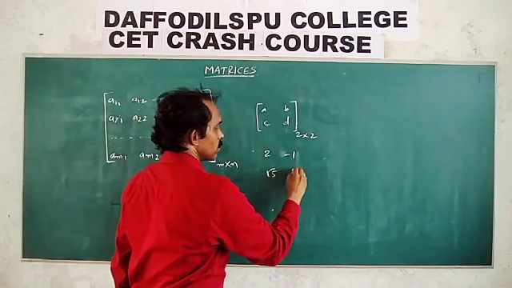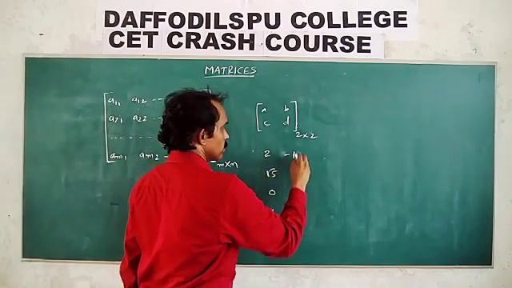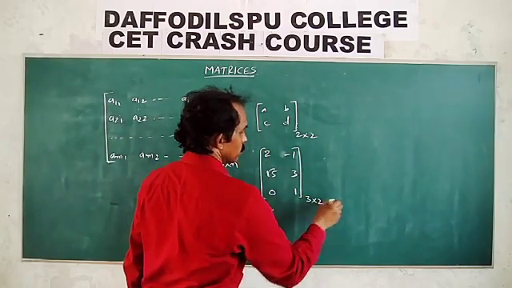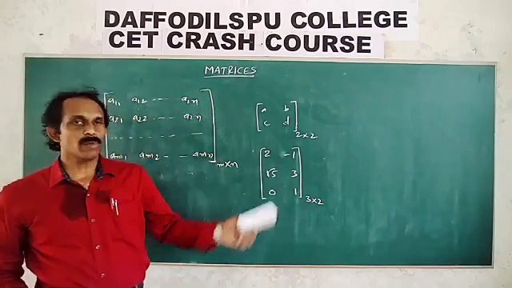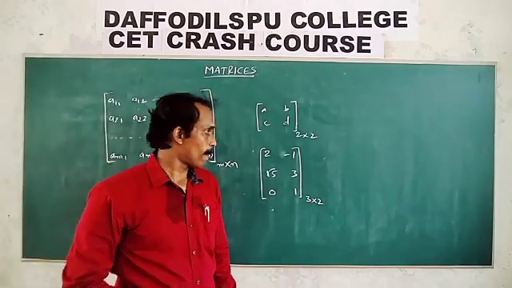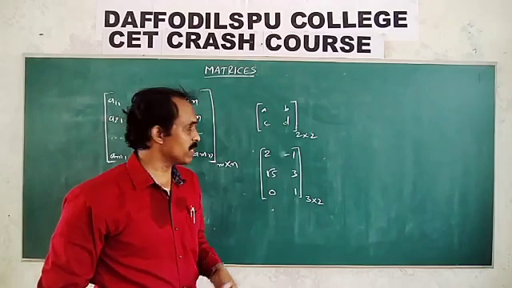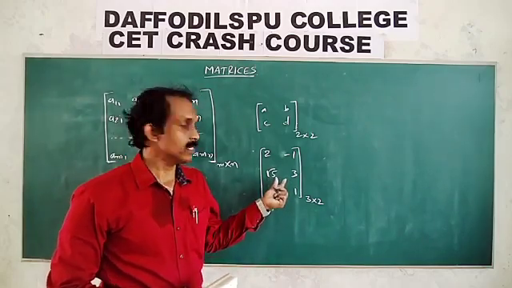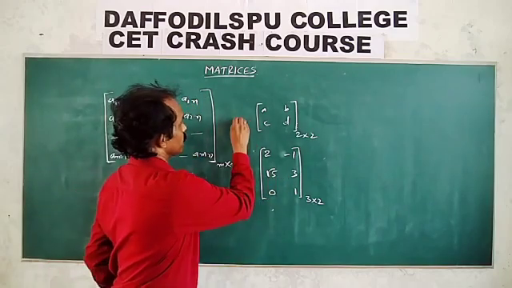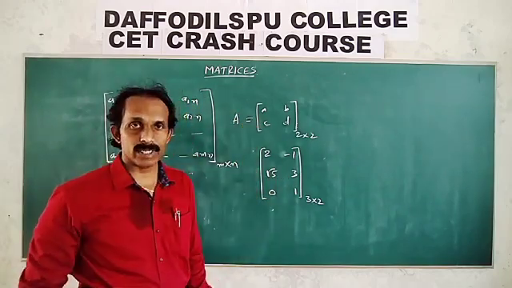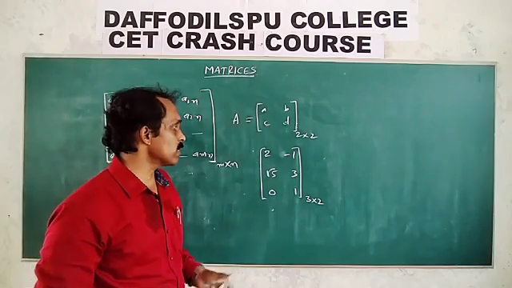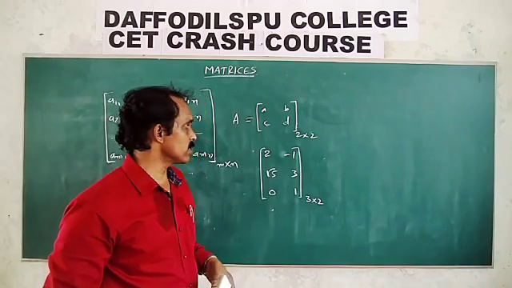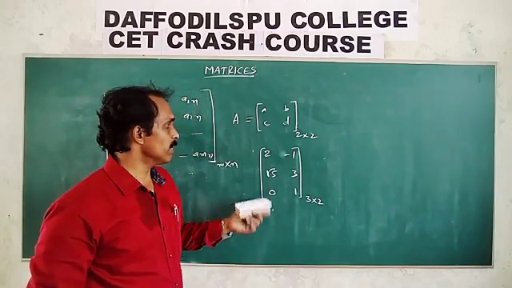When rows and columns are not equal, the matrix is called a rectangular matrix. These are called elements, either real numbers or complex numbers. Matrices are denoted by capital letters, and the elements by small letters.